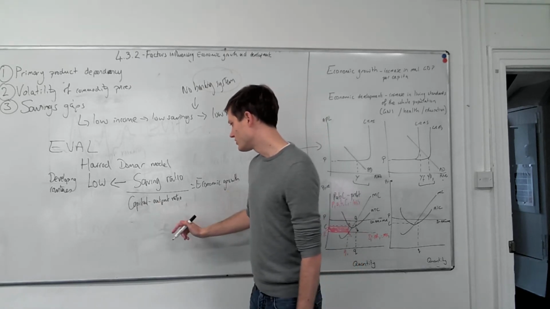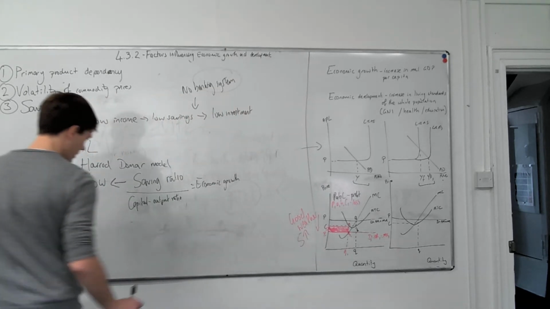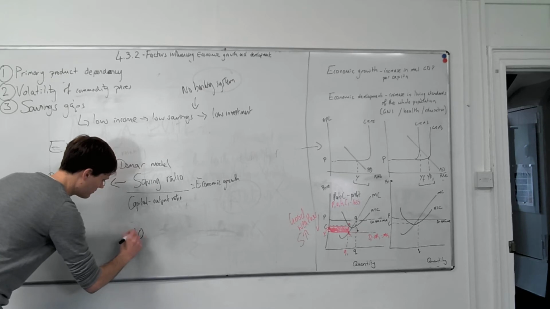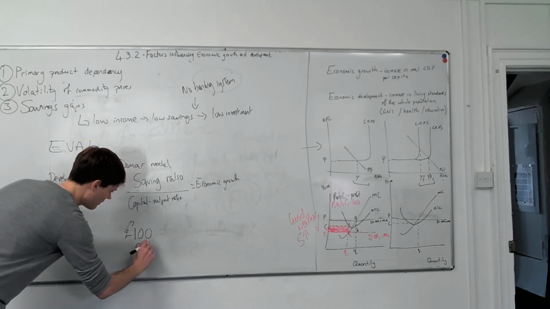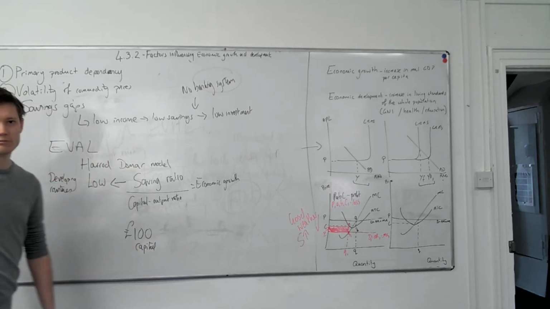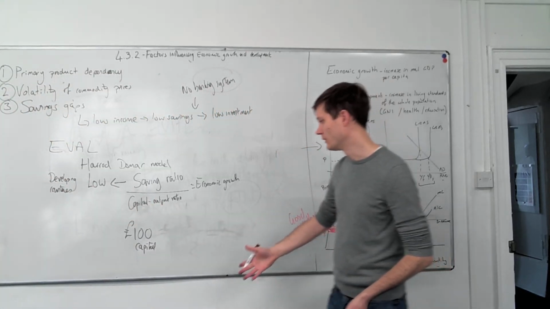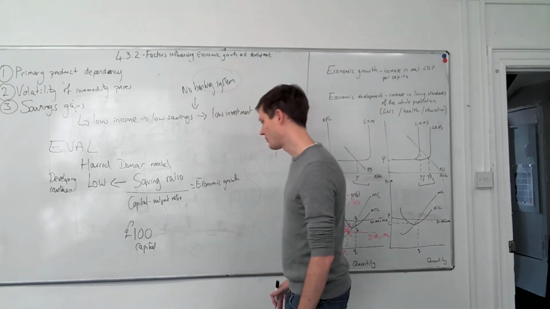The capital output ratio is simply, if I have, say, £100 of capital, okay? I get a new machine which I bought through some of the savings which went to the bank, which went through to the firm. We bought £100 of capital.